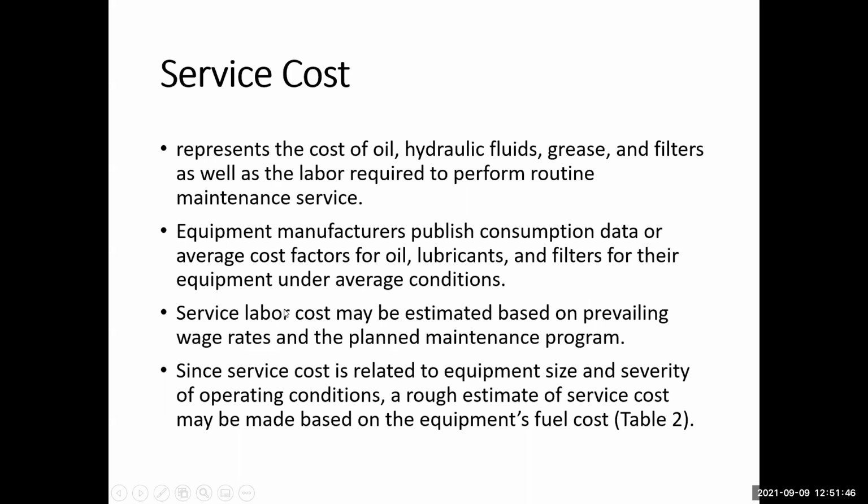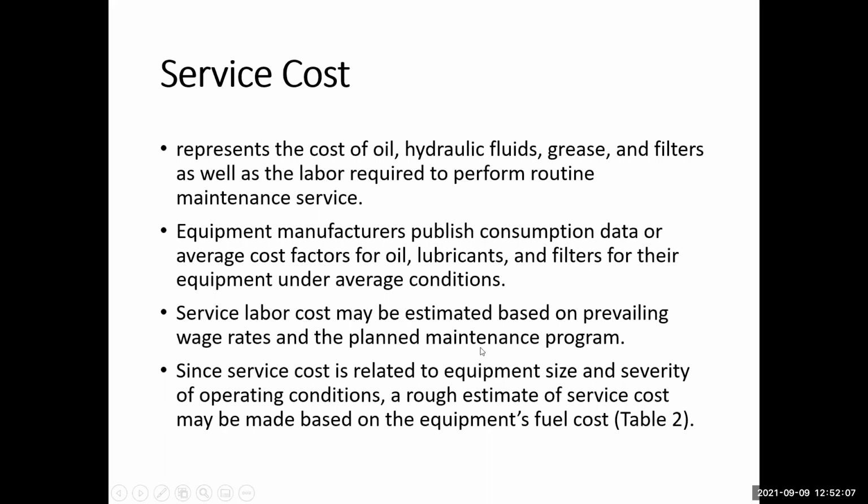So many of these things can be calculated separately, or in other words, we also have for our guidance a table number 2. Since the service cost is related to equipment size and severity of operating conditions, a rough estimate of the service cost may be made based on the equipment's fuel cost.